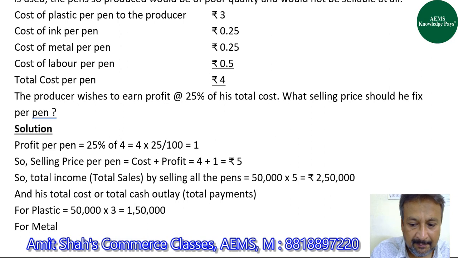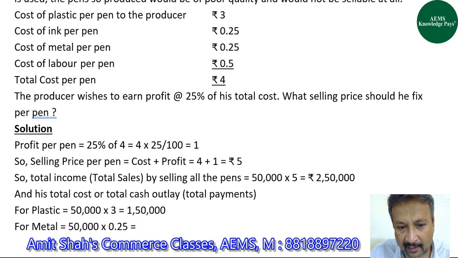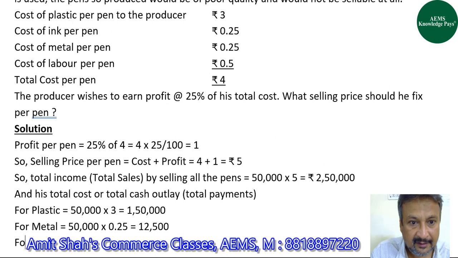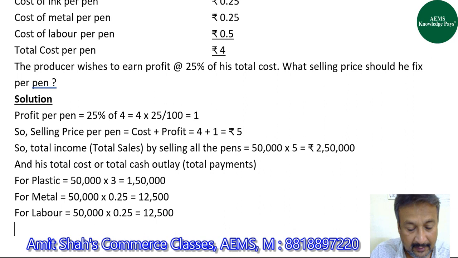For metal, he will pay for 50,000 pens at the rate of 0.25 per pen, that is 12,500.